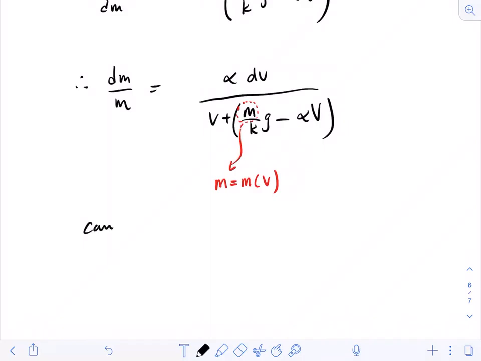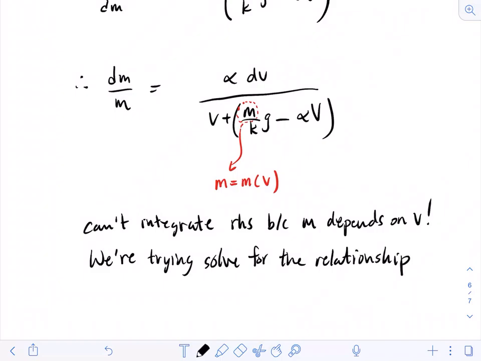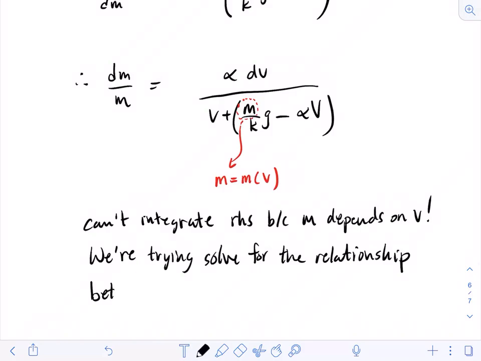So we cannot integrate the right-hand side because m depends on v. We're trying to solve for the relationship between m and v.